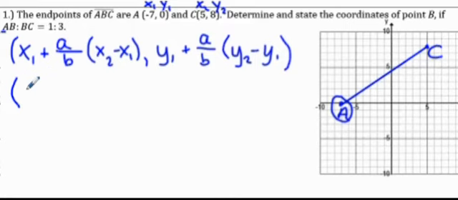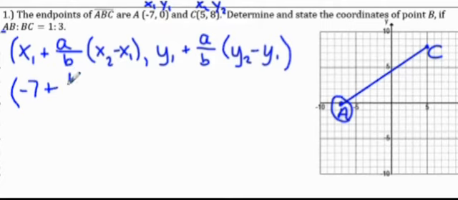So x1 is the -7 plus, now a over b is the ratio. If you think of it this way, point B, if it's AB to BC, is going to be around here somewhere, so it breaks it up into a 1 to 3 ratio.